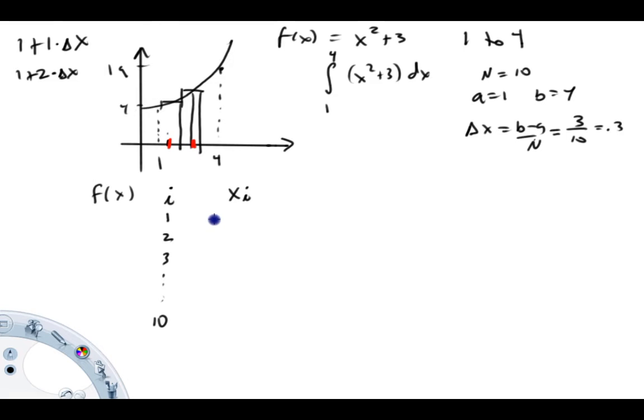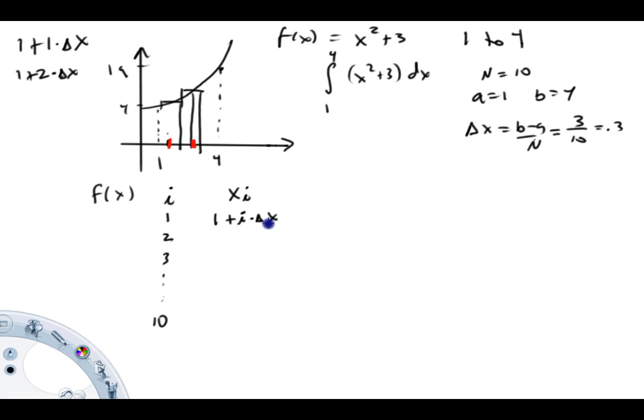In general, 1 plus i times delta x would put us at the right-hand side of the ith rectangle. So, for example, if i was 7, 1 plus 7 delta x would put us at the right-hand side of the 7th rectangle.